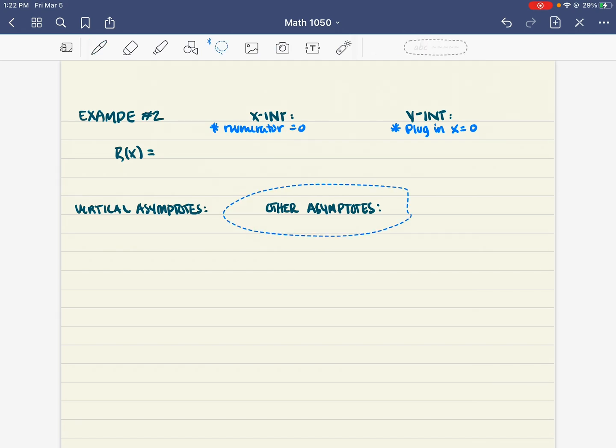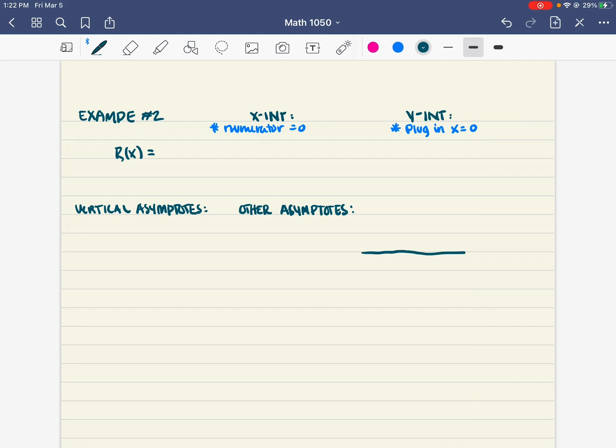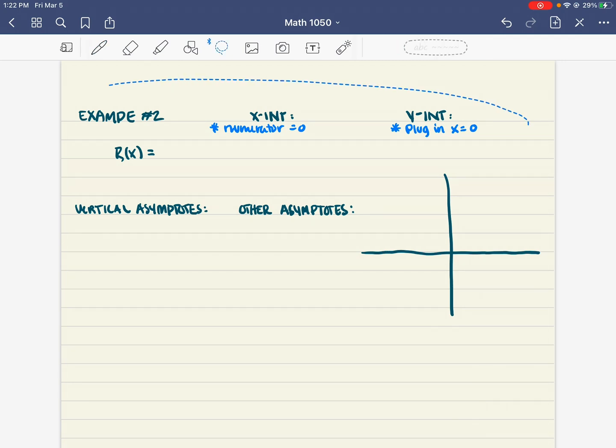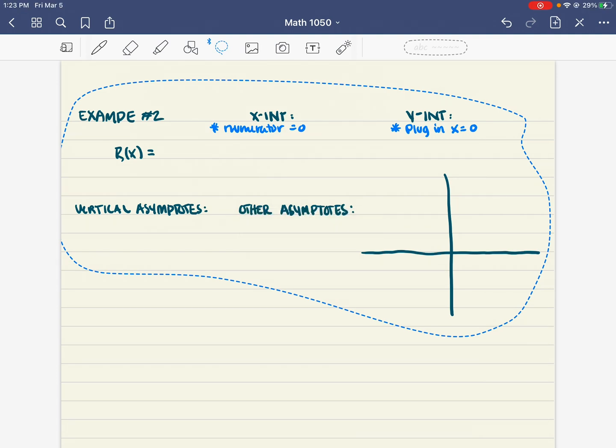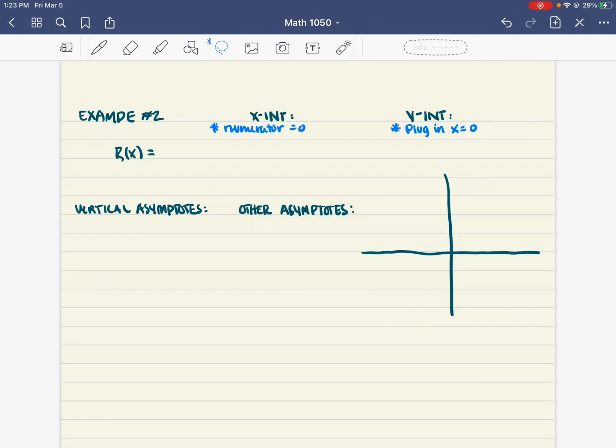And then I'm going to move this over a little bit so that I have room for a graph over here. Our final graph. Perfect, okay. That way I don't have to do all of that over again later.